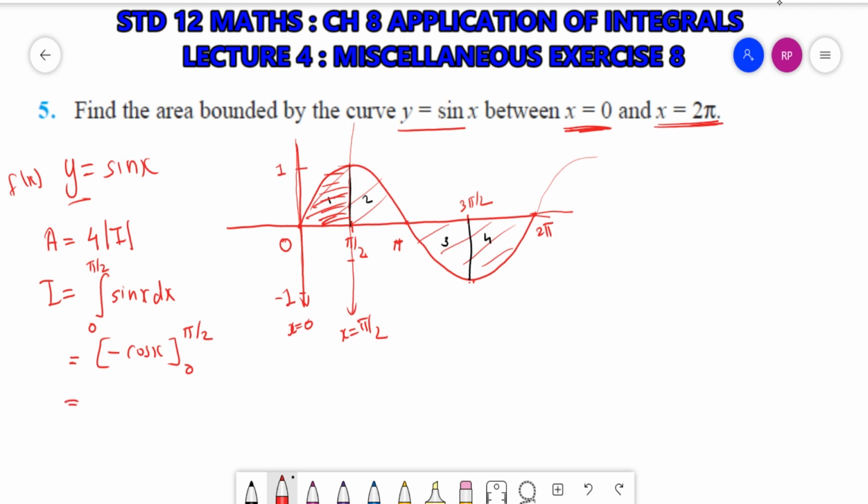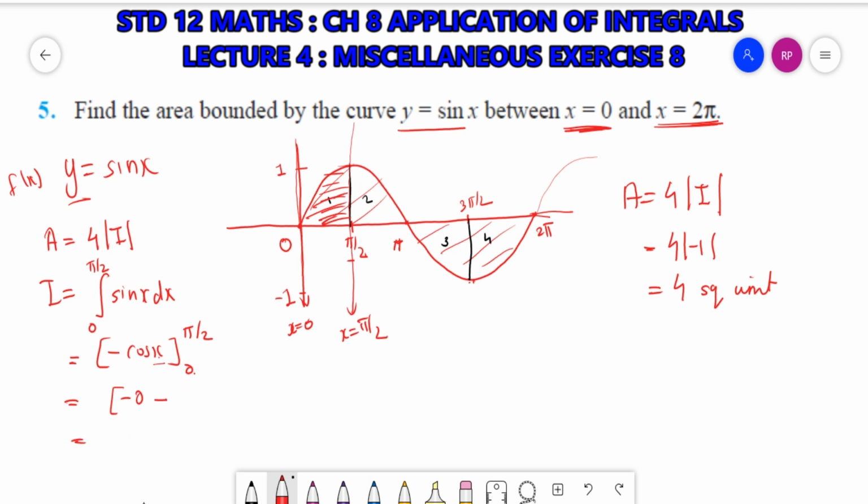Clear? So cos pi by 2. When I take cos pi by 2, its value is 0 minus, when I take cos 0, its value is 1. So this will be equal to minus 1. Sorry, here there is one mistake.